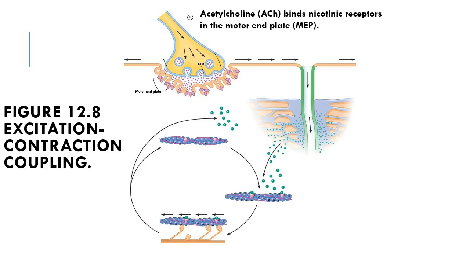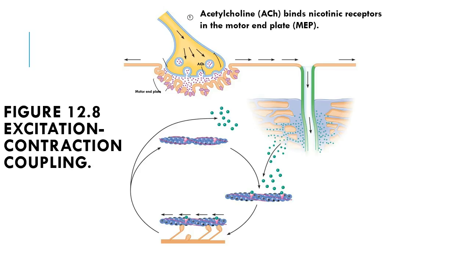Or I could say end-plate potential. That's a little easier, isn't it? That's implying all that background information that we've worked through the last month. An end-plate potential is a graded depolarization at the motor end plate.